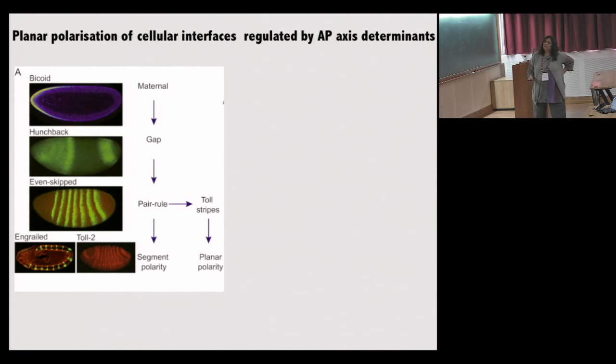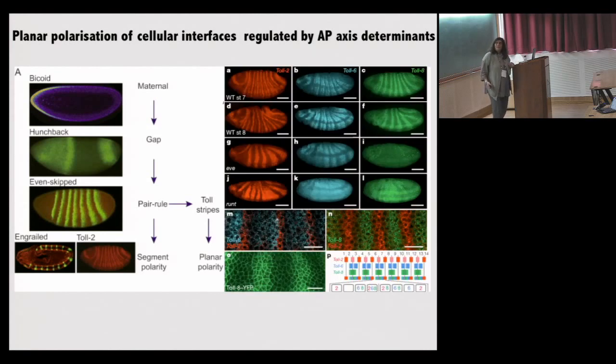But what I will show you is that there isn't just one Toll protein, but there is a family of Toll proteins that appear to be expressed in a stripy pattern along the anterior posterior axis. So you can see there's a Toll 2, the Toll 6, and Toll 8, and they all make stripes.